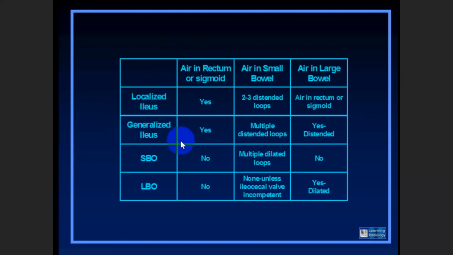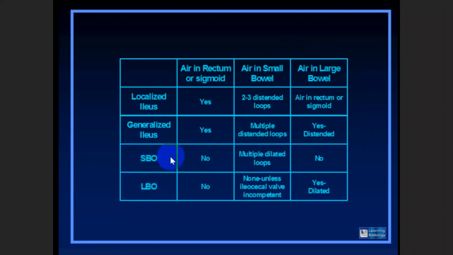In generalized ileus, we can also visualize normal air in rectum or sigmoid, with multiple distended loops, more than 2 to 3, of small bowel and air in large bowel. Also, we can find distension in small bowel obstruction because the air first crosses the small bowel and then goes to large bowel.